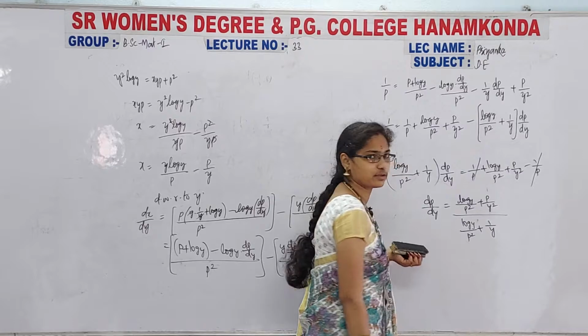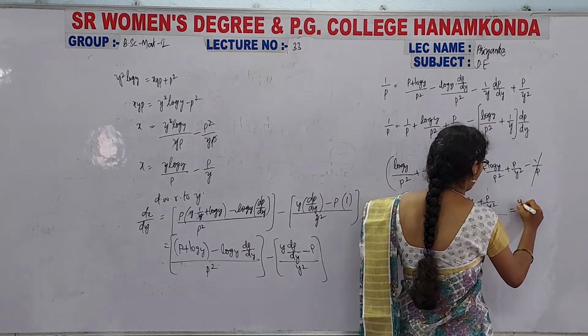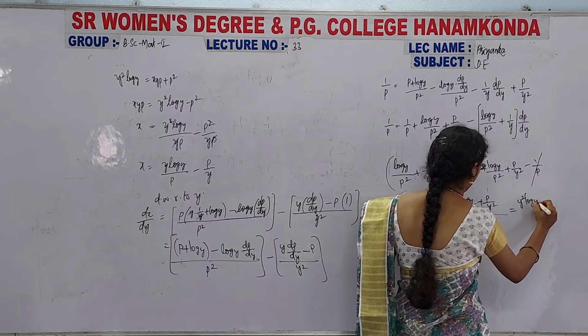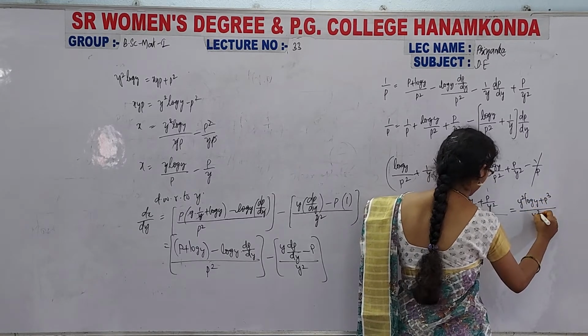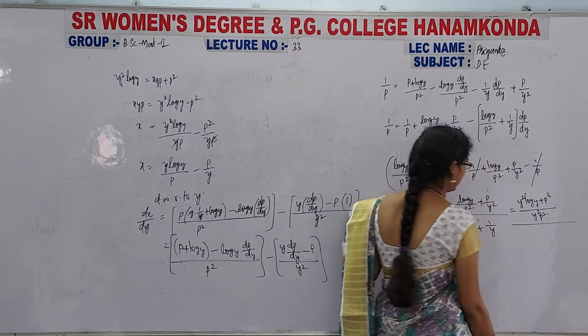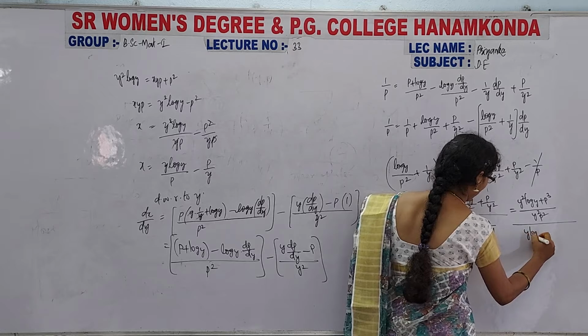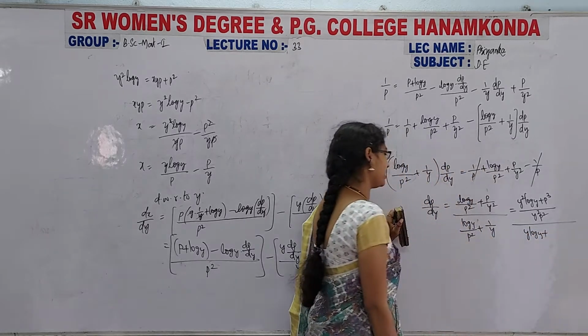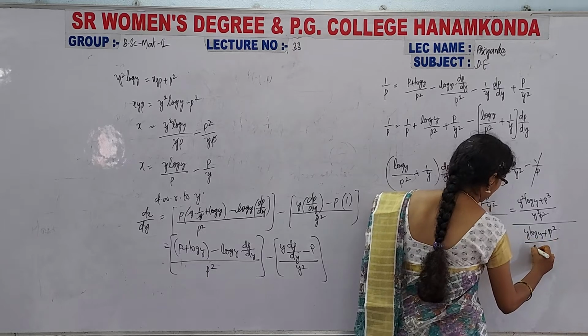Here we have to take the LCM, and here also we have to take the LCM. So by that, what we get here, y square log y plus p cube, by y square p square, whole divided by here y into p square itself. So now y log y plus, again what we get, p square by p square y.